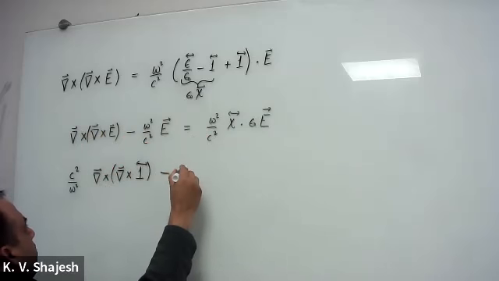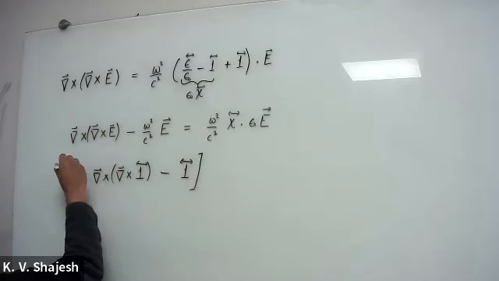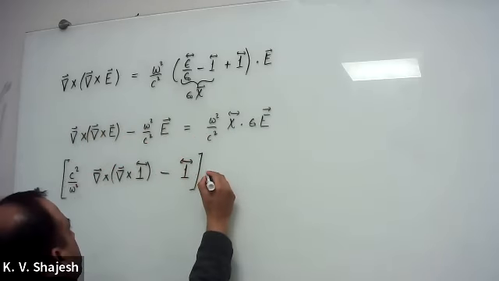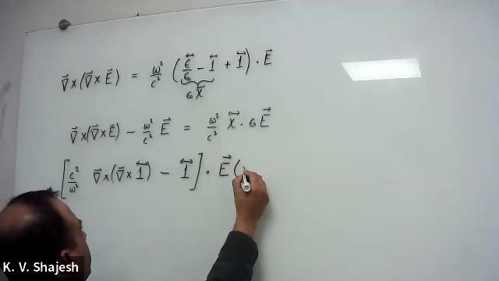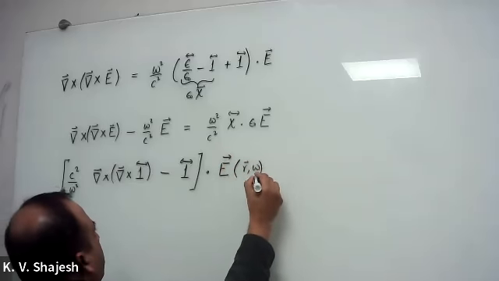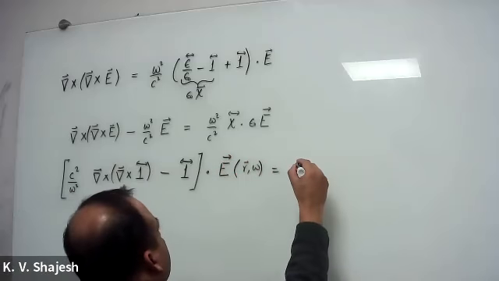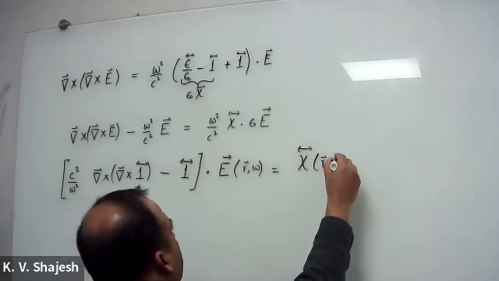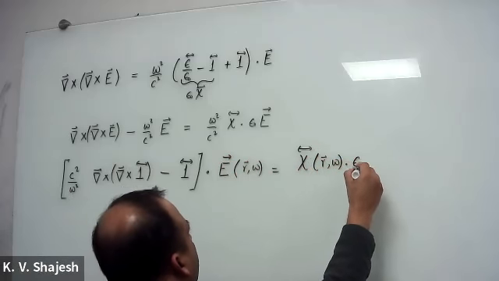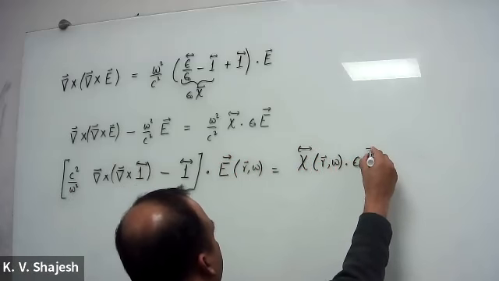I'm going to take the electric field out, so I replace it with 1 and dot. This is chi or omega epsilon naught E.